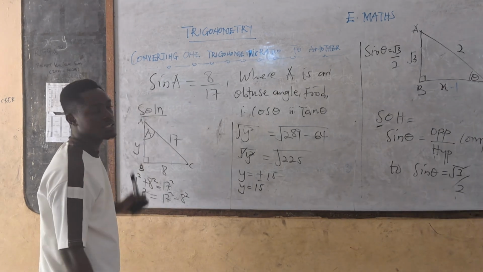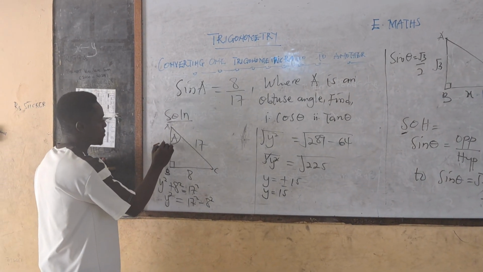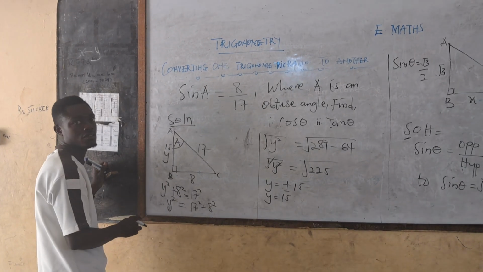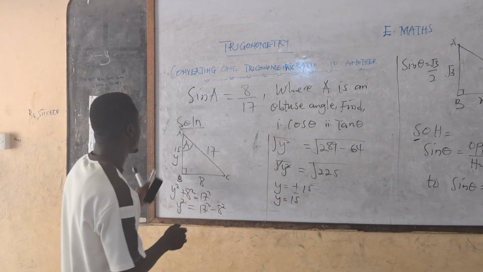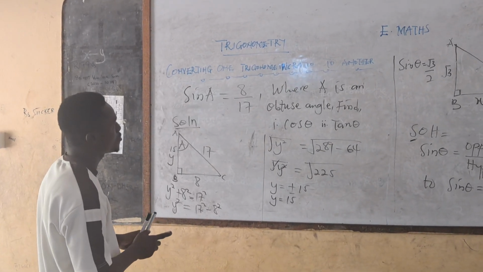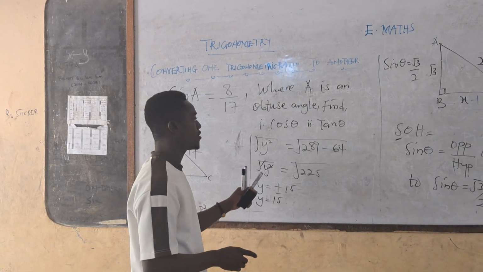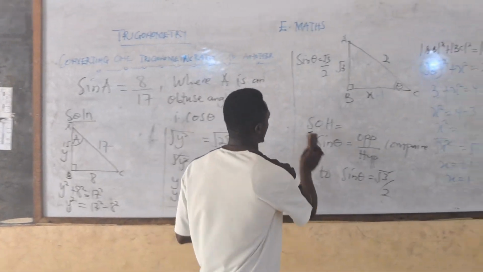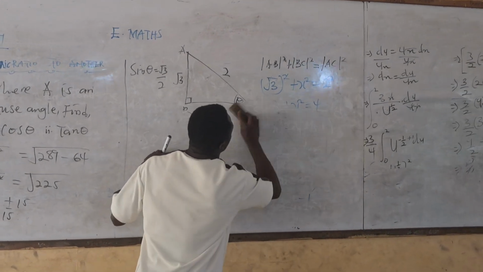Now when you are done, you have to come and put y back. Once you have gotten all the sides of the right angle triangle, we are now going to find cos theta and tan theta.